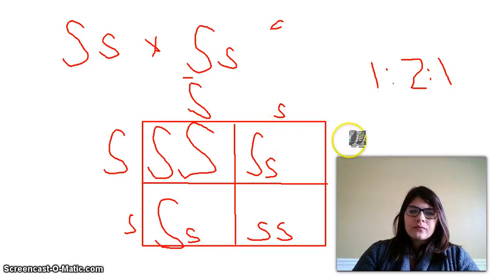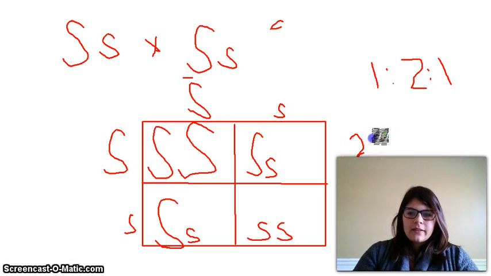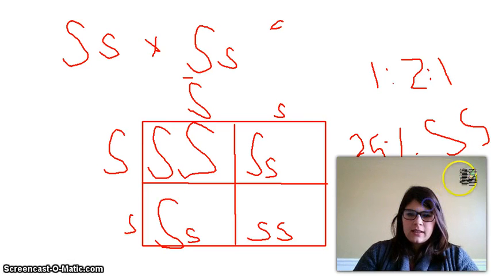So we have 25% SS, we have 50% capital S, lower S, we have 25% lower S, lower S.